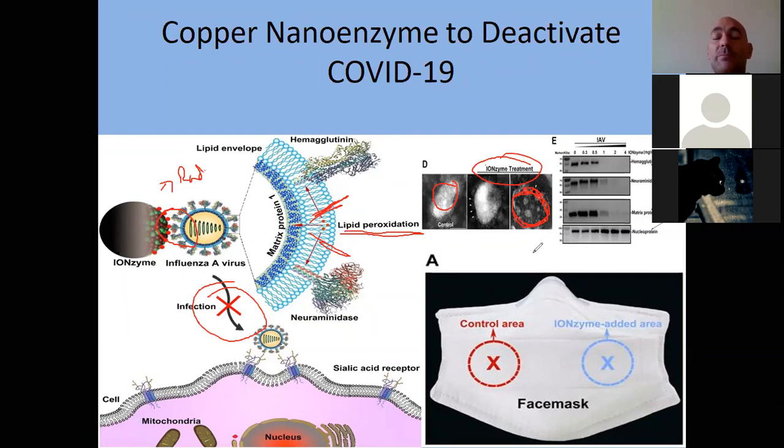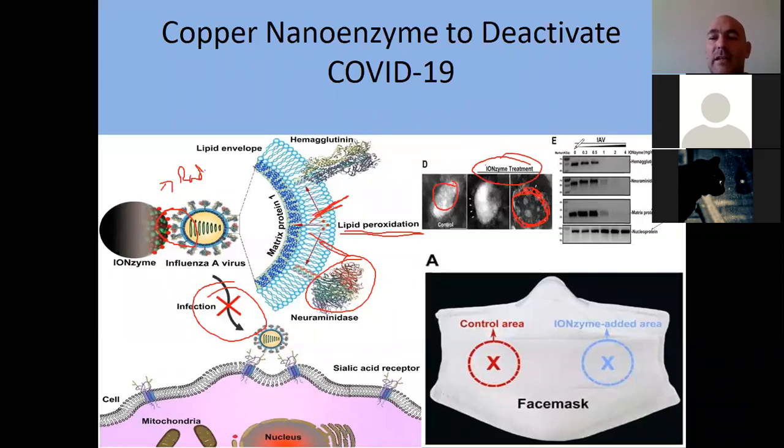And these radical species can react with the proteins of the virus. And they actually start to degrade the protein of the virus, just like bleaching a protein.